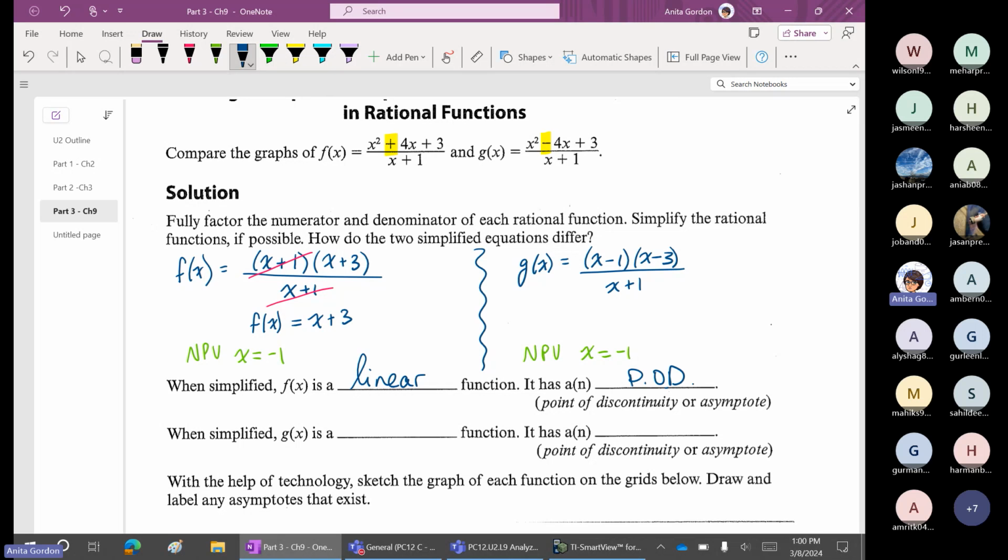So what kind of NPV do I have? I have an asymptote. What kind of function is this? Polynomial in the top and bottom, this is a rational function.